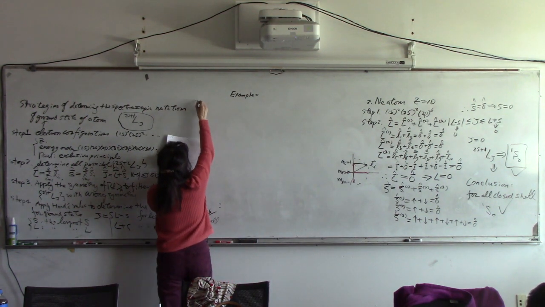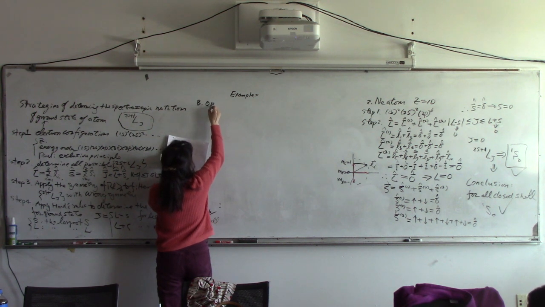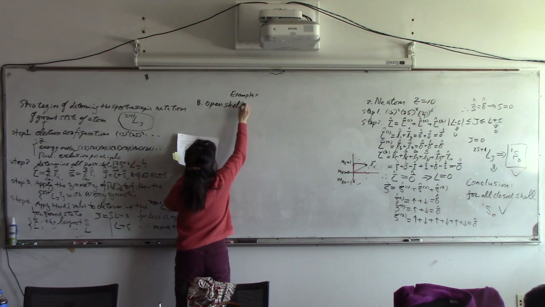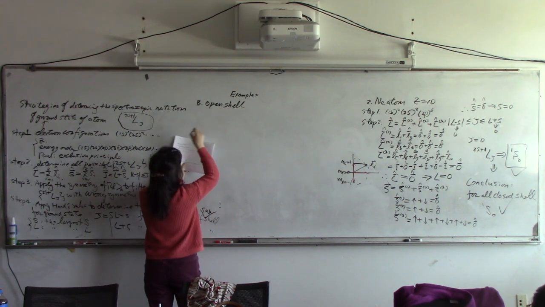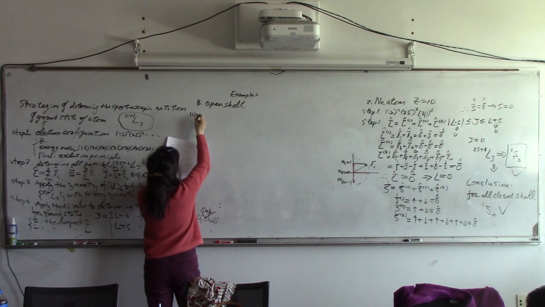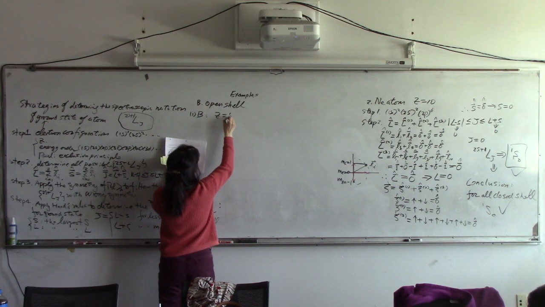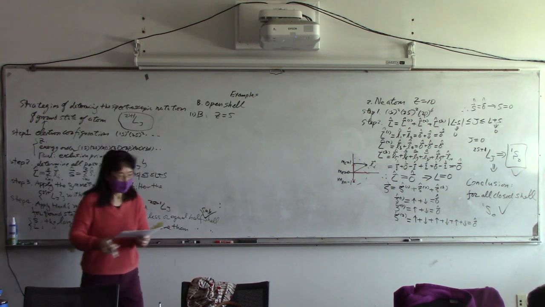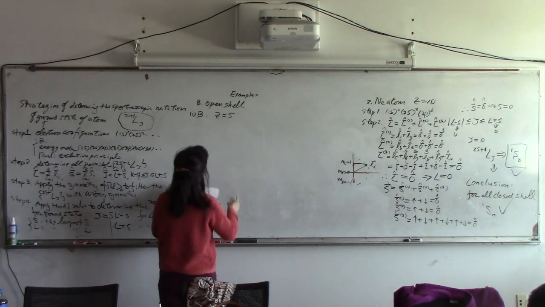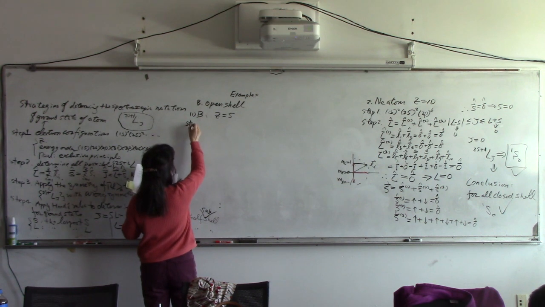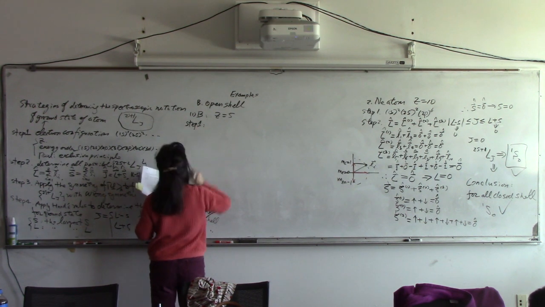Now, this B is open. In that case, it becomes the first one. Let's consider boron. Boron Z is 5, right? So step 1, the electronic configuration.